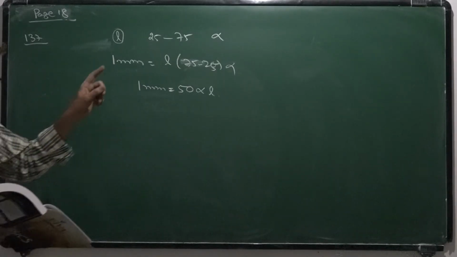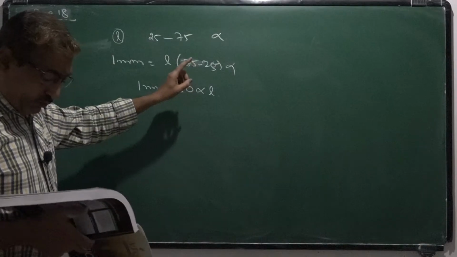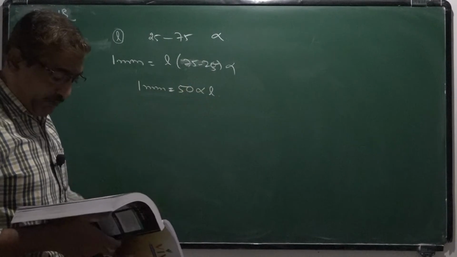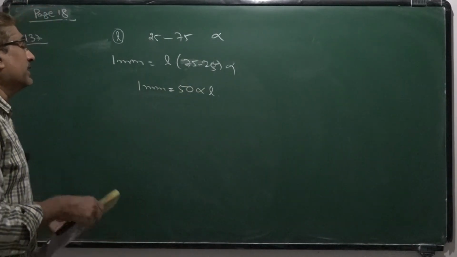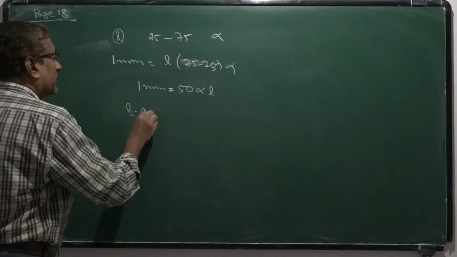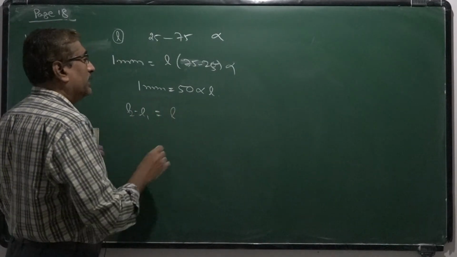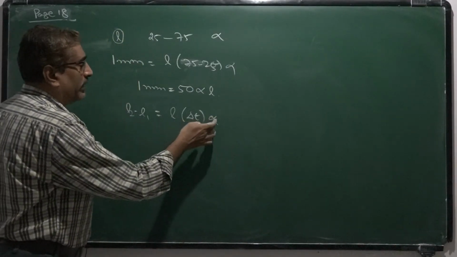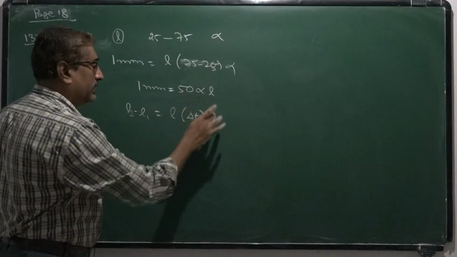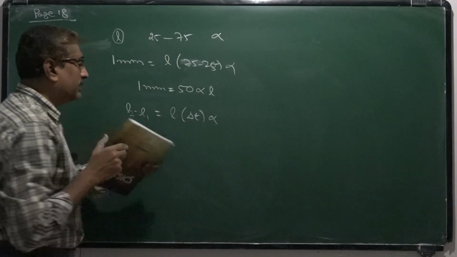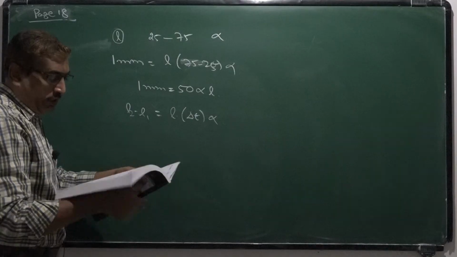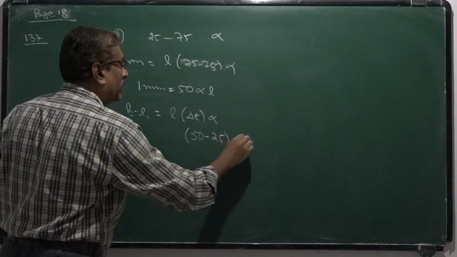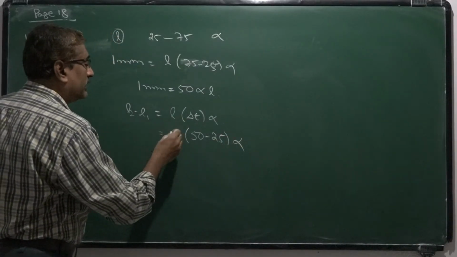Now when the rod of same material but 4 times the initial length is heated from 25 to 50 degrees centigrade, then the change in length is: L2 minus L1 is equal to initial length L into change in temperature into alpha. Given that the material is same, so alpha is same, change in temperature is 50 minus 25 into alpha, but the initial length is 4 times.